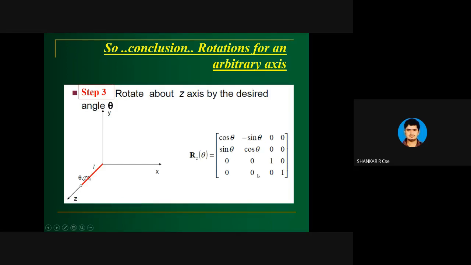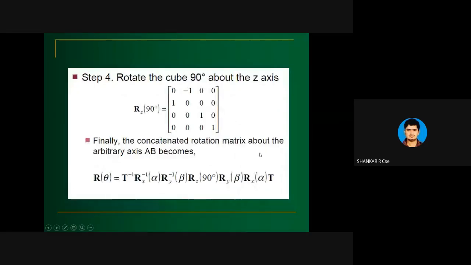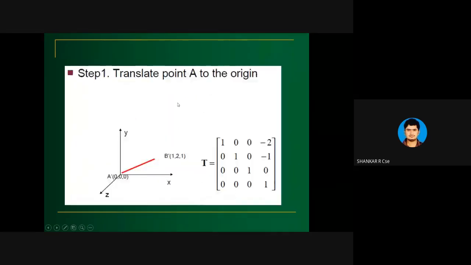So in this formula, you apply theta as 90 degrees, because he has told you to rotate the entire cube by 90 degrees. So theta becomes 90. So cos 90, minus sine 90, sine 90, cos 90. What is the first one?